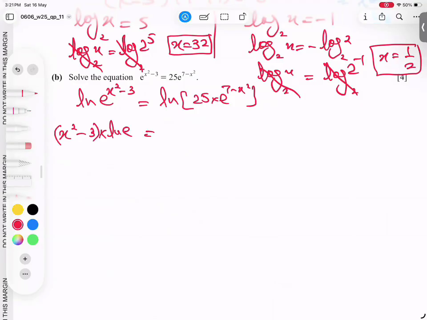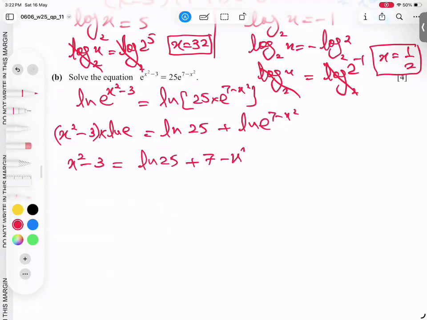And log of e is 1, you know it very well. So this will become 1. Here, for the multiplication in the middle, I can split it by putting a plus in the middle. Now this is okay, there's no problem at all, but this power will come down. So it becomes 7 minus x to the power 2, and ln e is 1. I'm eliminating it at the same time.